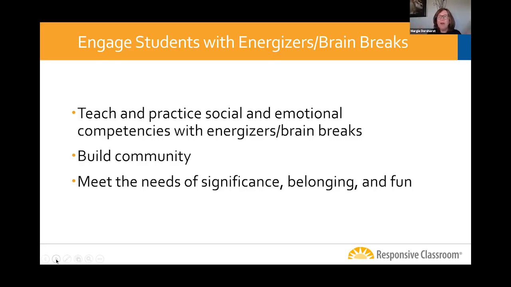No matter what approach you're using right now, the amount of stress that you're using to teach that way and the amount of stress that students are experiencing to learn this way is taking more and a different kind of energy. Energizers help build that sense of community and they build that break in the learning, but they can also be calming.